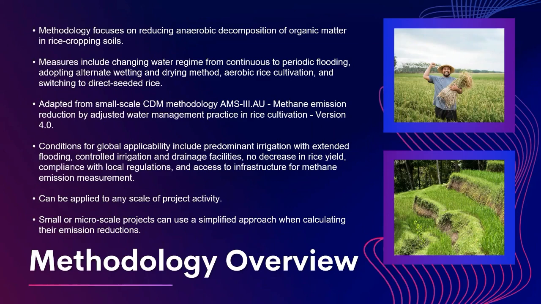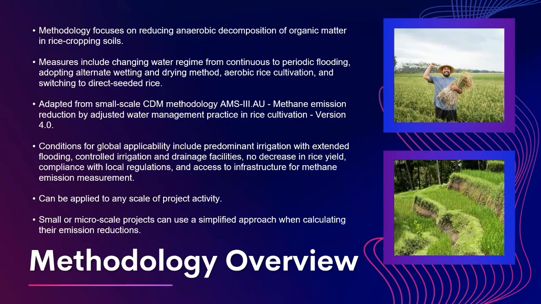It has been adapted from the small-scale CDM methodology called AMS-III.AU. You'll see that there are a lot of projects using AMS-III.AU, as the Gold Standard one is pretty new in the space. Conditions for global applicability include predominant irrigation with extended flooding, controlled irrigation and drainage facilities, no decrease in the rice yield, compliance with local regulations, and access to infrastructure for methane emission measurement.